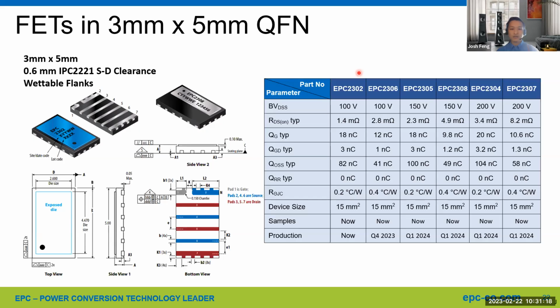But otherwise, in terms of footprint compatibility, this is something we're trying to target, hopefully to benefit our customers with very scalable platforms for QFN implementations. Each of the SKUs, 100 volt, 150, 200 volt, comes with a full size, the lower RDS(on), and the other comes with a half size, half the RDS(on). So customers have the option to choose whether they want the best performance or some type of balance between a better price versus performance.